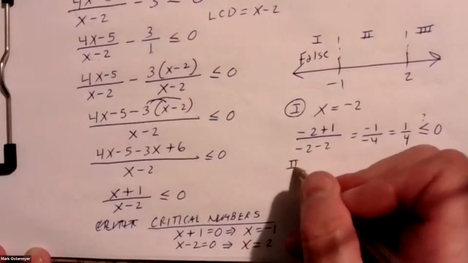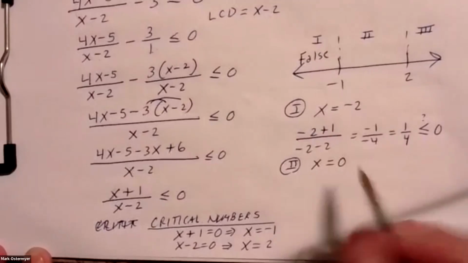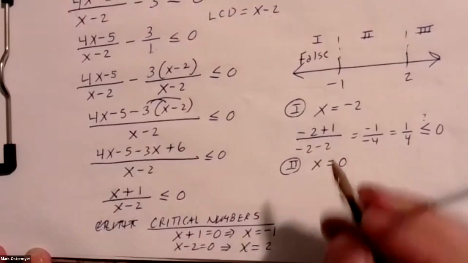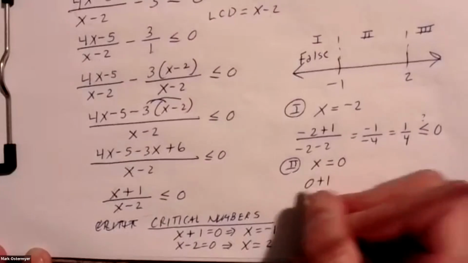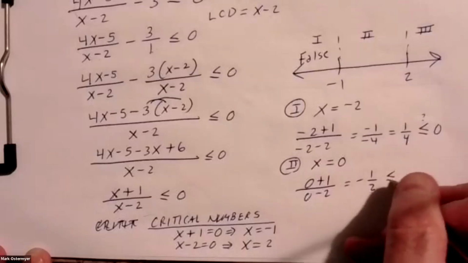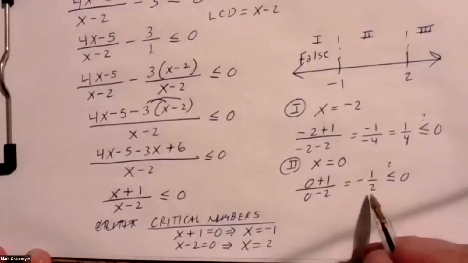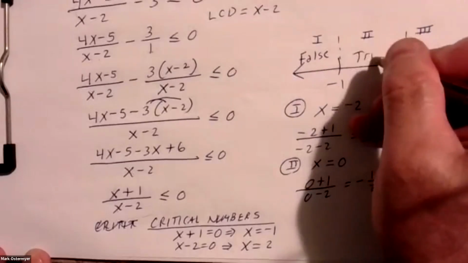Interval number 2, give me something in between -1 and 2. The nicest number to work with is 0. Put 0 in here and here. Verify. Is 0 a solution to this rational inequality? Is 0 plus 1 over 0 minus 2, which is -1/2, less than or equal to 0? Is this true or false? That's true, isn't it? True.